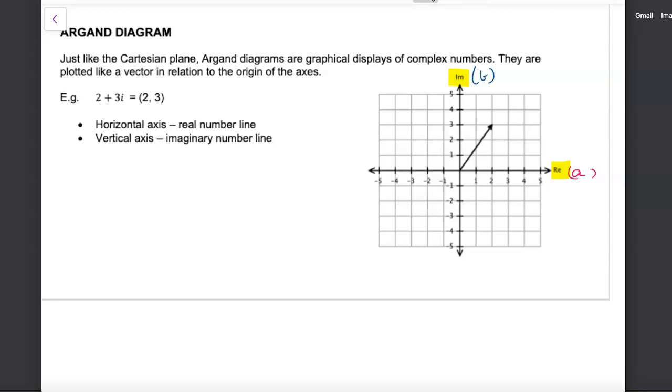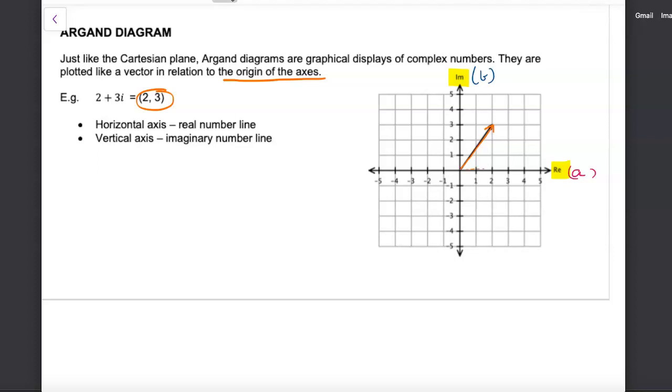So, for example, 2 plus 3i is represented in the complex plane as a vector (2, 3), and it's drawn as a vector in comparison to the origin of the axes. So it's very much plotted like a vector.